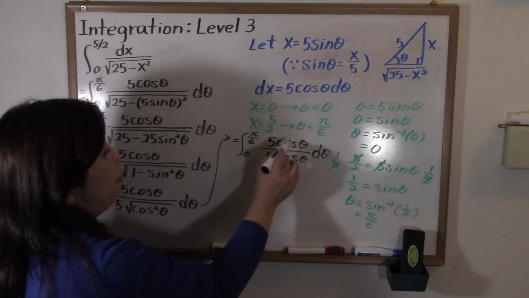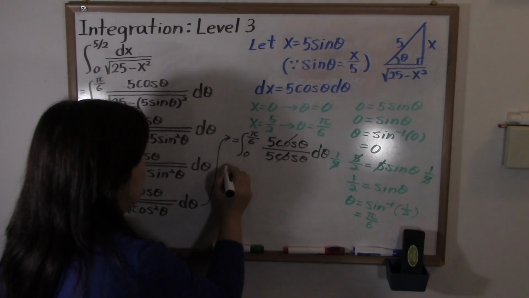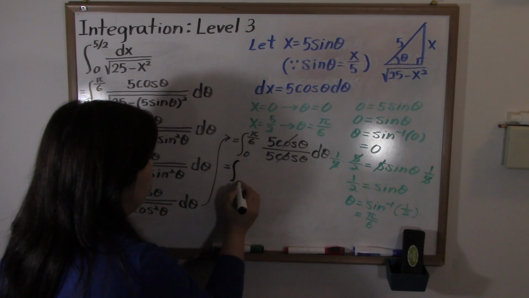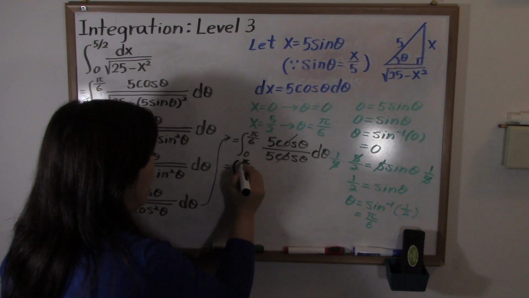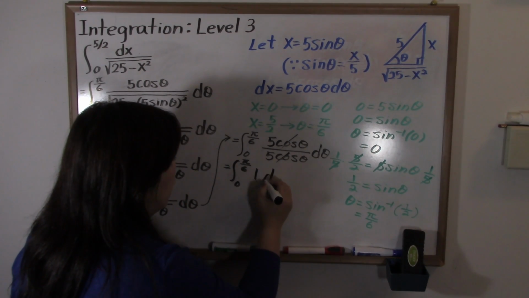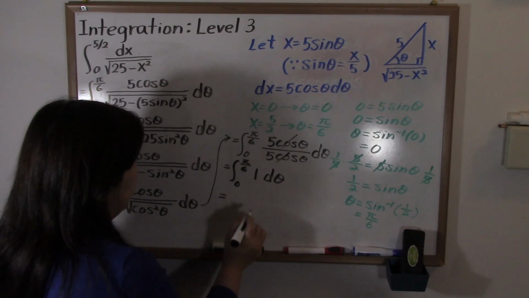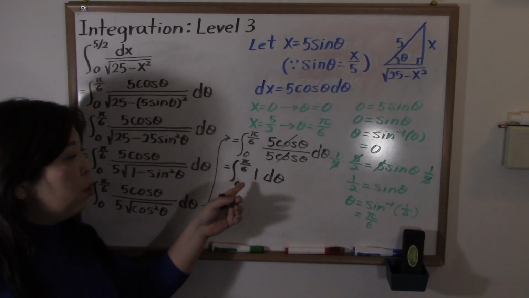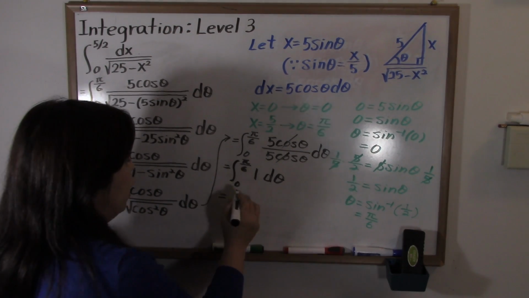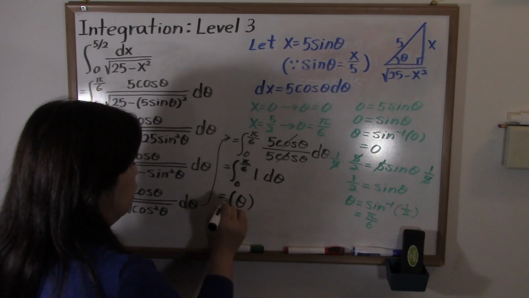And then 5 cosine theta over 5 cosine theta cancel out, and it's going to be 1. It is equal to the integral from 0 to pi over 6 of 1 d theta. So integrate 1 d theta. It's going to be theta, right? Integrate 1 is theta.